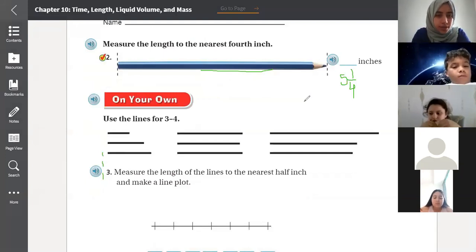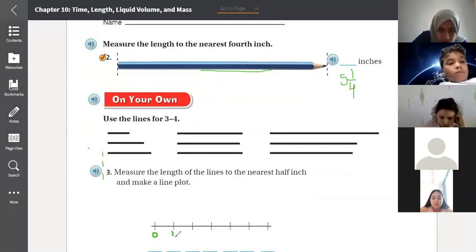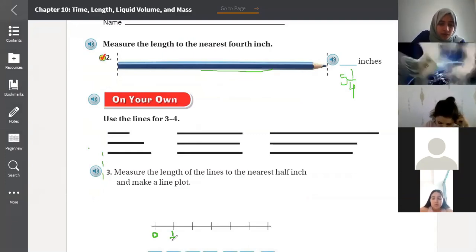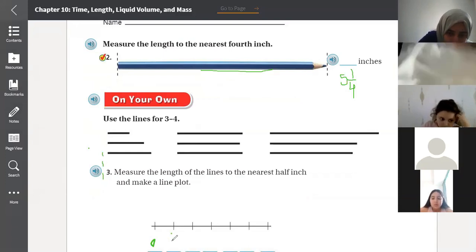The first line is half. Because the first line is half, first of all, I need to put the numbers here, right? So I have 0, half.